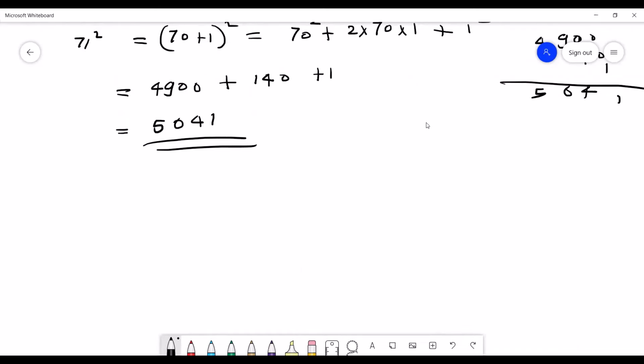Let us consider another one also. Question number 4 we will consider. This 998 square. So 998 we can write as 1000 minus 2, isn't it?